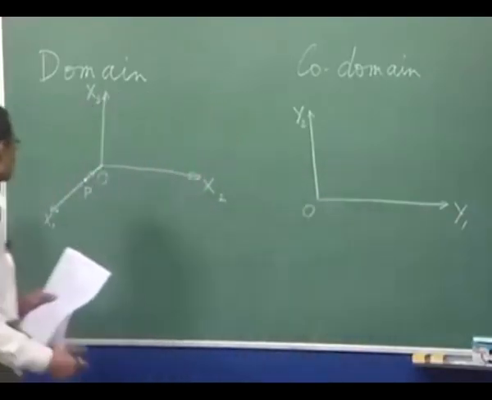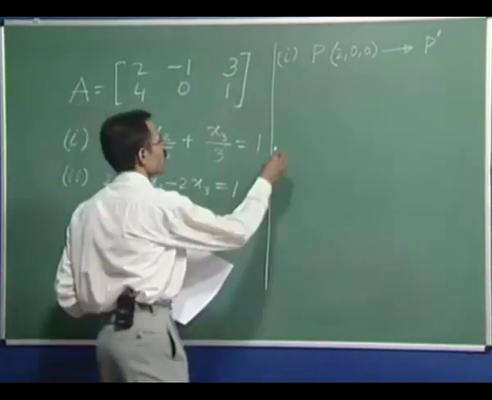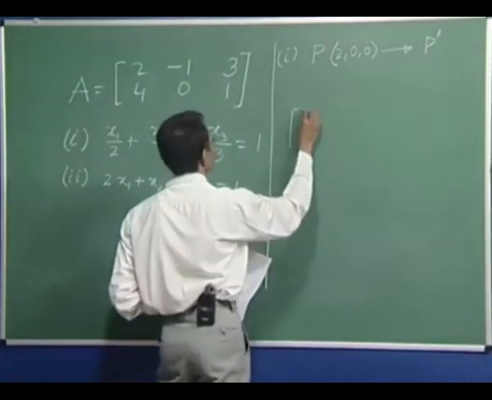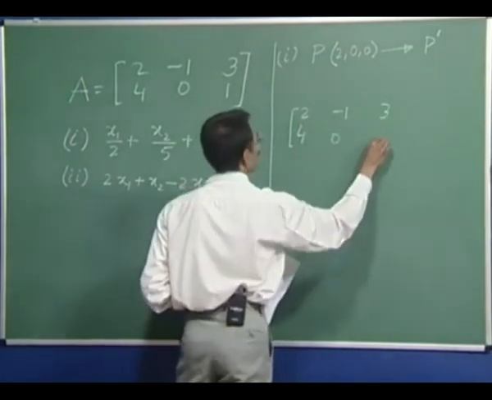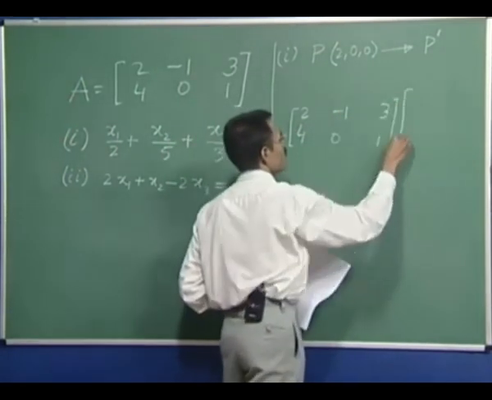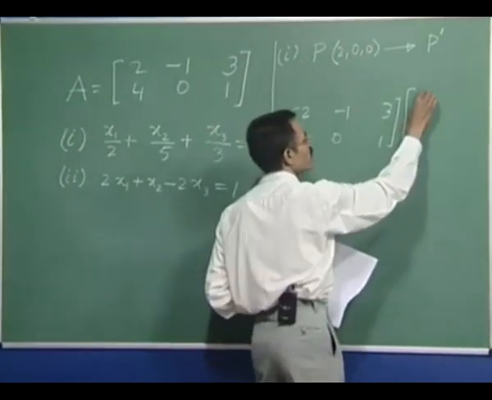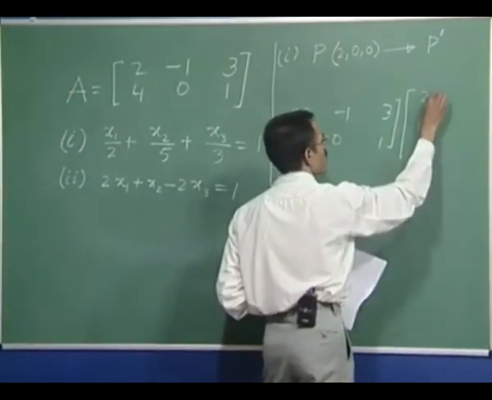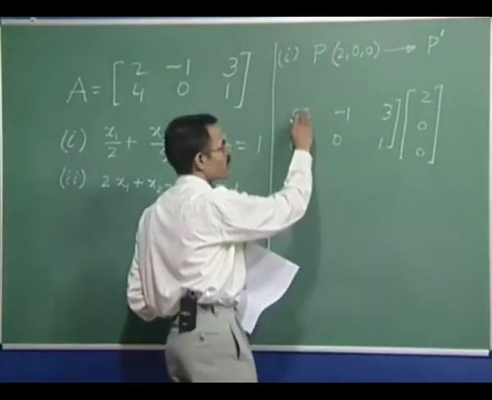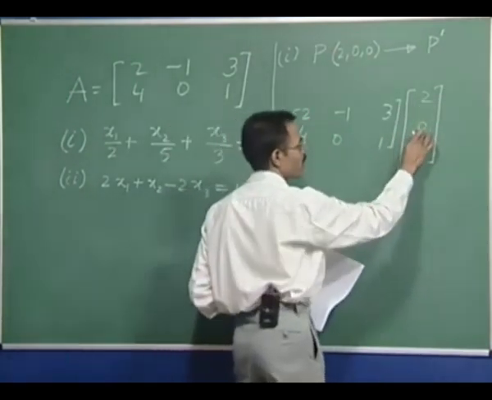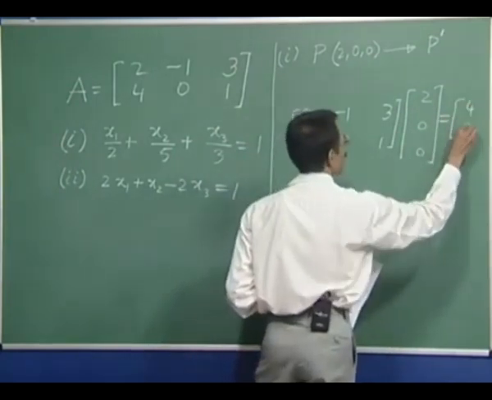And how do we get that mapping? We take this matrix A and multiply with the vector which denotes this point. Obviously, the result is twice this column, because 2 is here and here we have zeros. So, this gives us 4, 8.